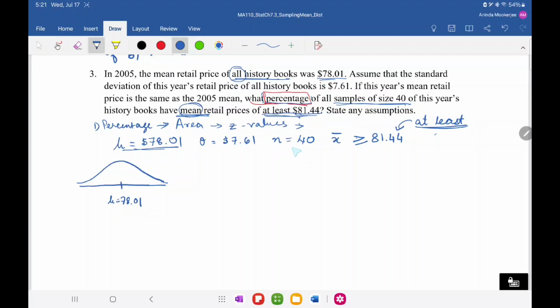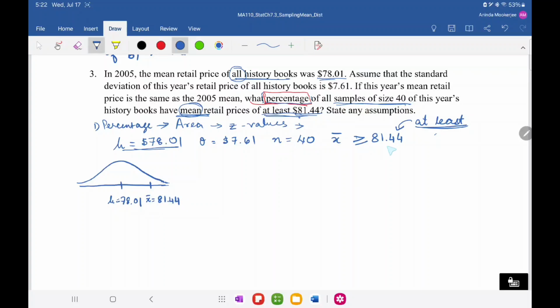And then when it says X bar greater or equal to 81.44, that means 81.44 is higher than 78.01, so it will be situated somewhere to the right of 78.01, the population mean. So that's going to be an X bar value of 81.44.